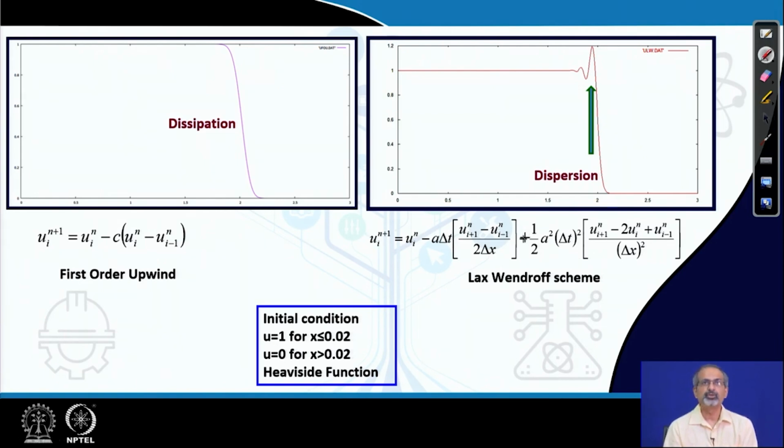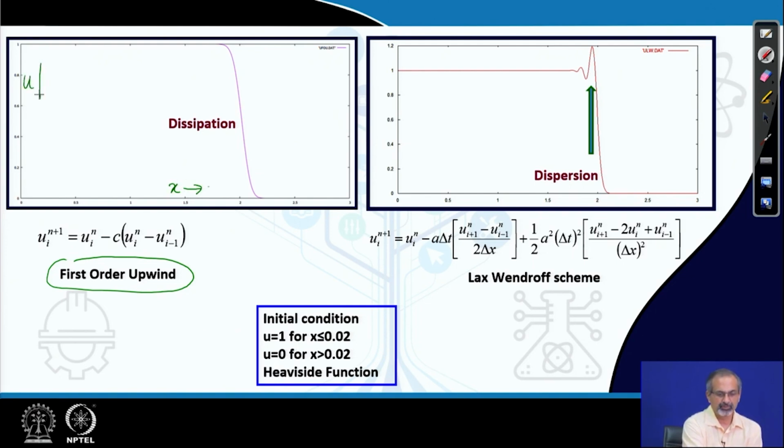We are showing some numerical solution results here for you, using some of the schemes that we learnt about. The first order upwind scheme you have already learnt about. So, here there is some initial condition which has been used in the domain. This is, say, the x direction.